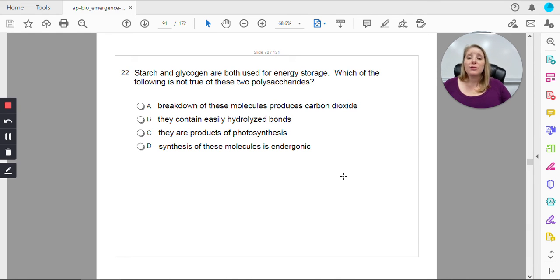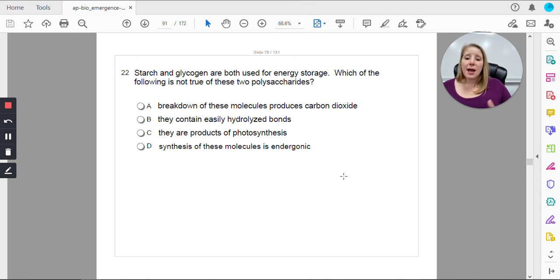Photosynthesis will produce the glucose, but it won't make the actual starch. The plant will build those together, and glycogen won't be made in photosynthesis either. But as the body or the plant, for that matter, breaks them down, that's cellular respiration, and one of the byproducts is carbon dioxide.